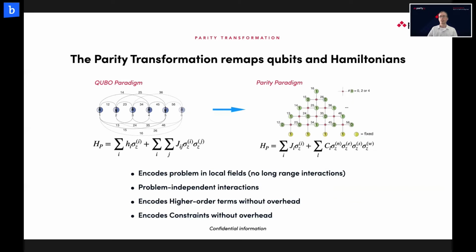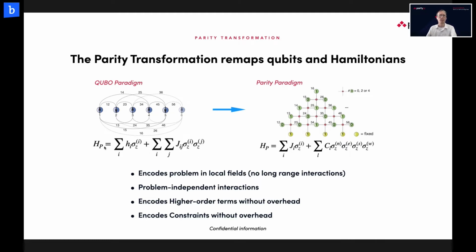So as far as what the parity transformation is, as a sort of toy example, I'm giving you a problem that already has only two-body interactions. So this represents some graph theory problem where these two-body interactions are defined on the edges of some graph. So you may be using this to calculate minimal networks of some kind or max cut or something like that.